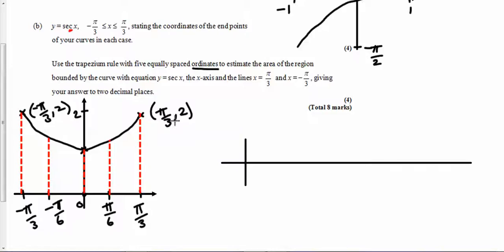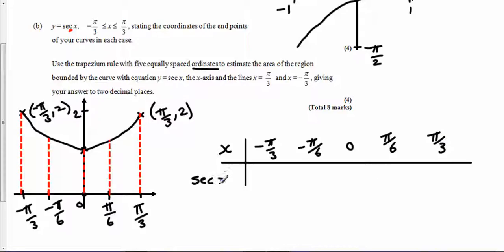Now the trapezium rule is in the formula booklet, should you be sitting the exam, and it's under the C2 section. So you're more than welcome, even in a C3 exam, to go back and have a look at that. And all you have to do is plug the appropriate numbers in. So for our values of x, we've got minus pi by 3, minus pi by 6, 0, pi by 6, and pi by 3.